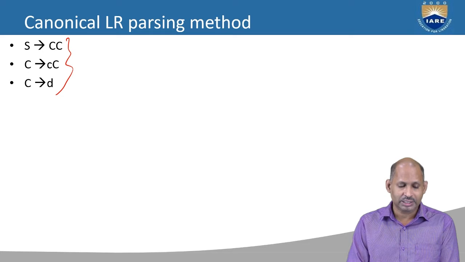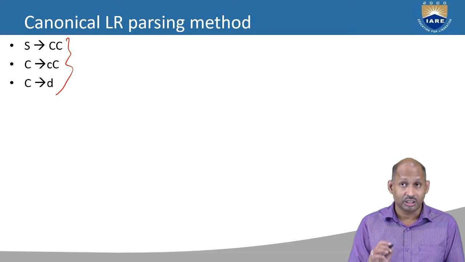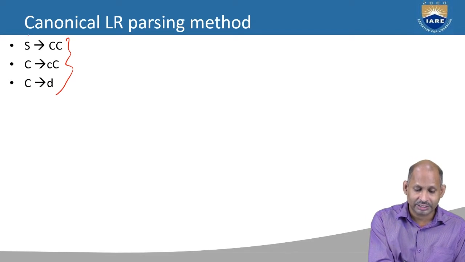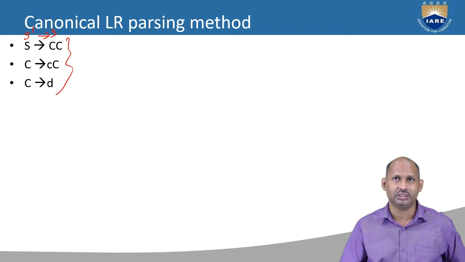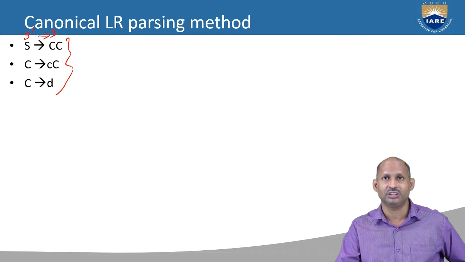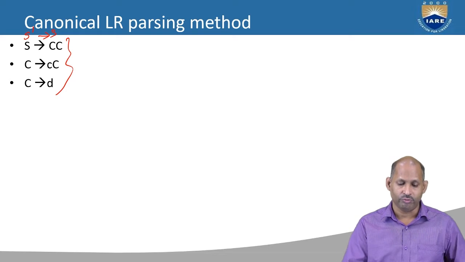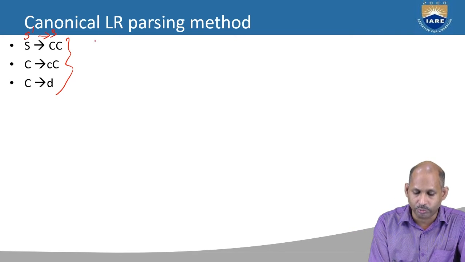Now, for these productions, we must add a new production, that is S dash gives S. We must include this S dash gives S. Now, we start with our I0 group.